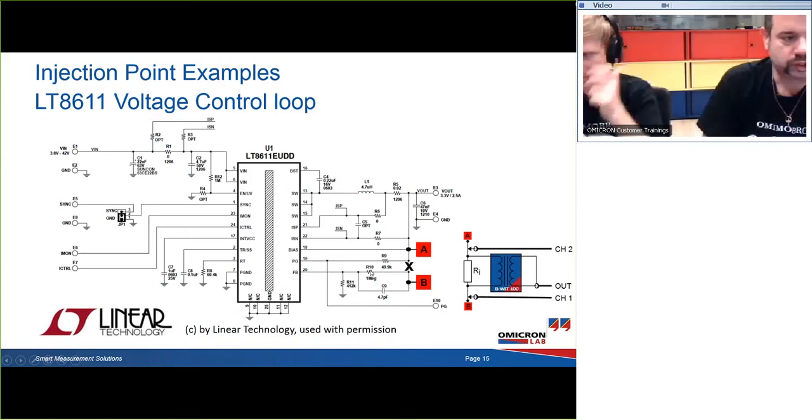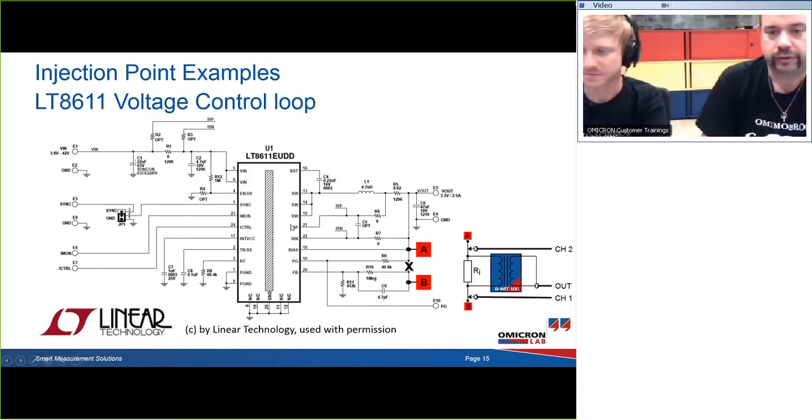In addition, there is a shunt resistor, and this shunt resistor is used to measure the current. And we have a differential input here, so the voltage drop between the high point and the low point of the shunt is equal to the current, and therefore this is our current feedback loop. So we cannot measure these loops at the same time, but we can measure them one after another.